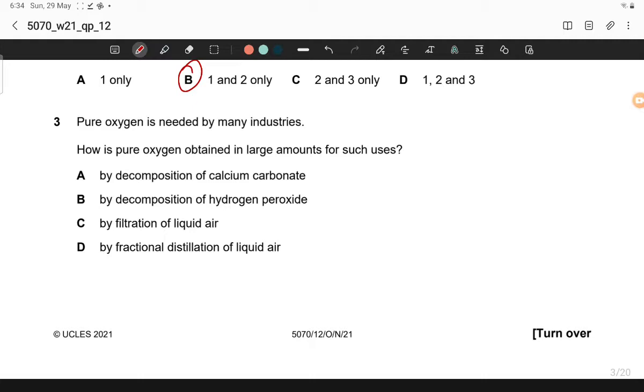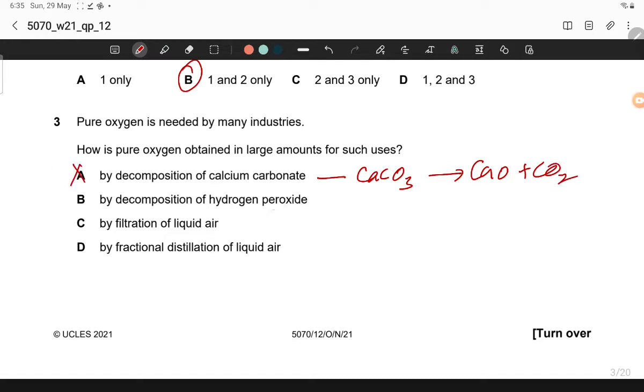Pure oxygen is needed by many industries. How is pure oxygen obtained in large amount for such uses? By decomposition of calcium carbonate: this gives calcium oxide and carbon dioxide, so this is not correct.